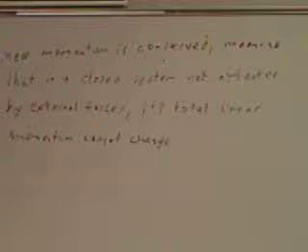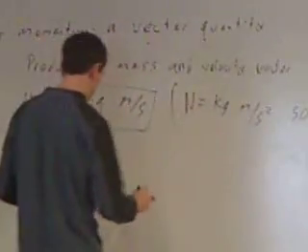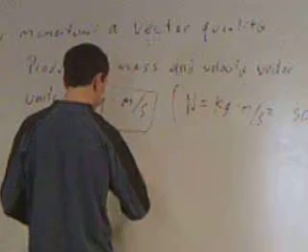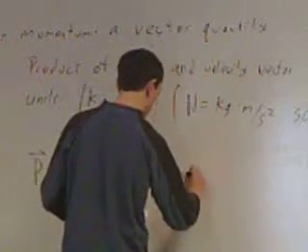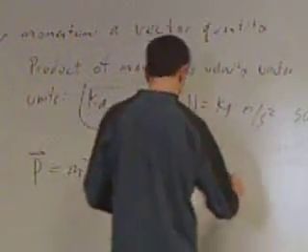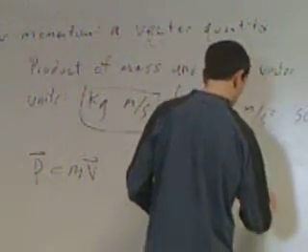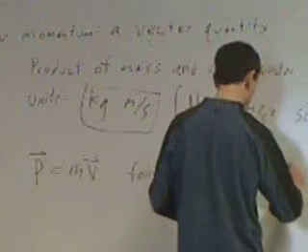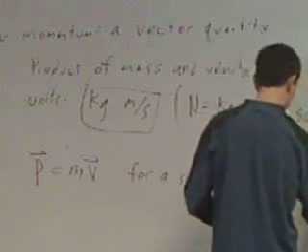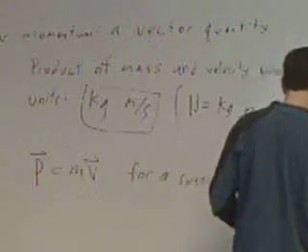So it's a vector quantity. So we have the momentum P equals mass times velocity vector. And then if we have multiple things, like for a system, the total momentum, P total, equals the momentum of all the various components added up, however many you've got.